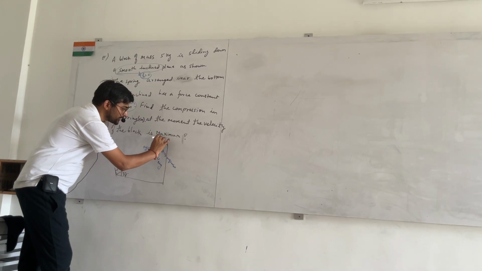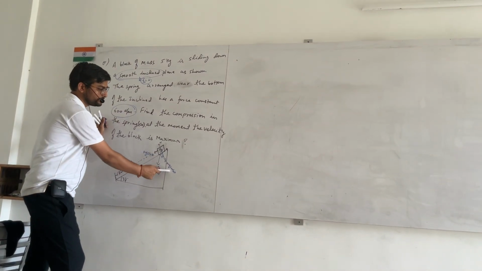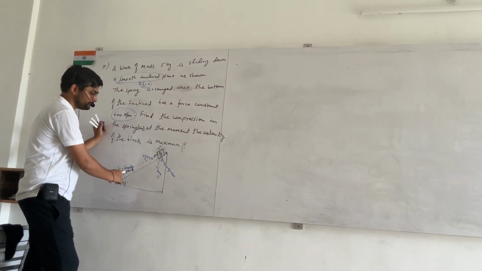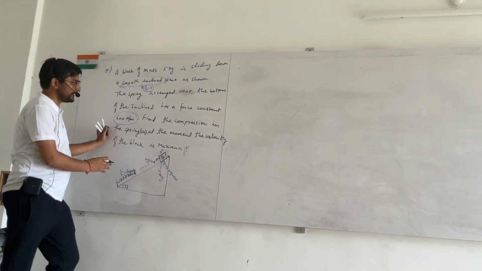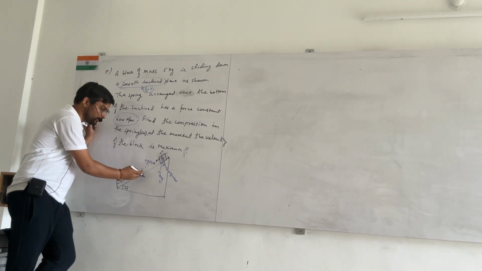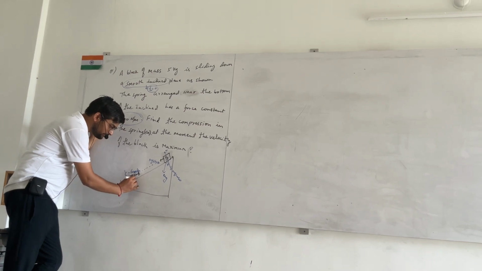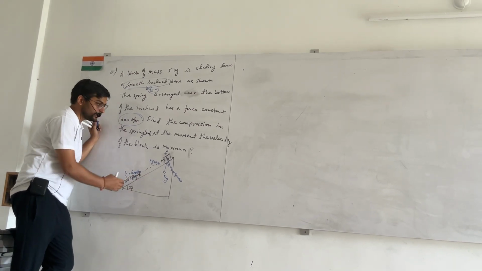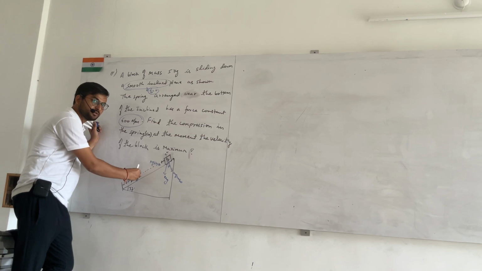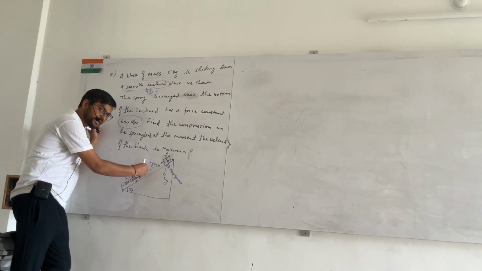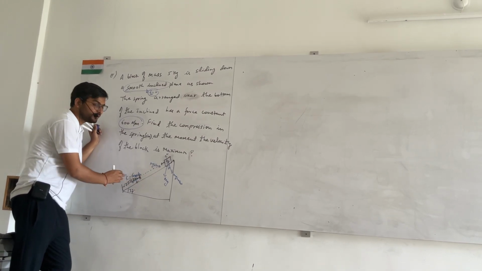There is an upward force, the normal force, and the force mg sin theta is equal to the spring force, which is kx. So we have to find, when the block first strikes the spring, by what displacement x the spring is compressed downward.